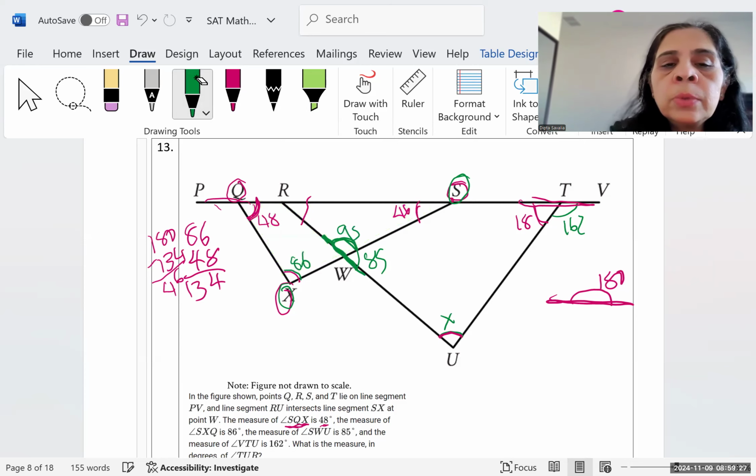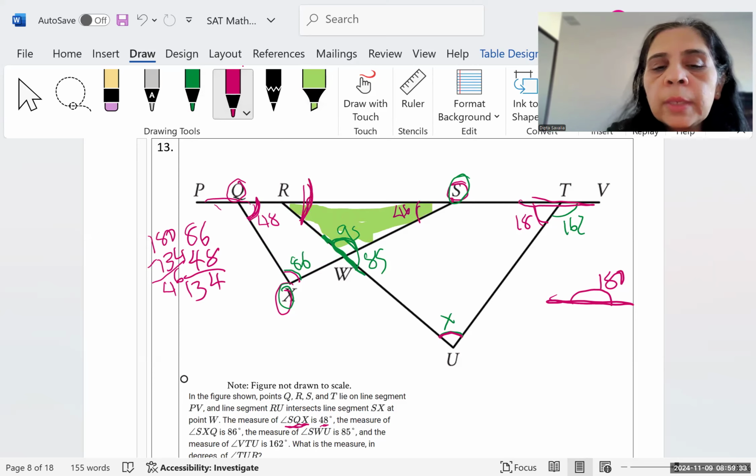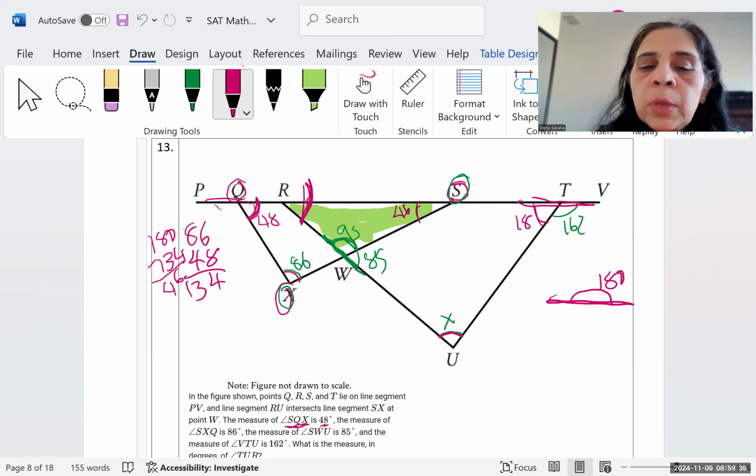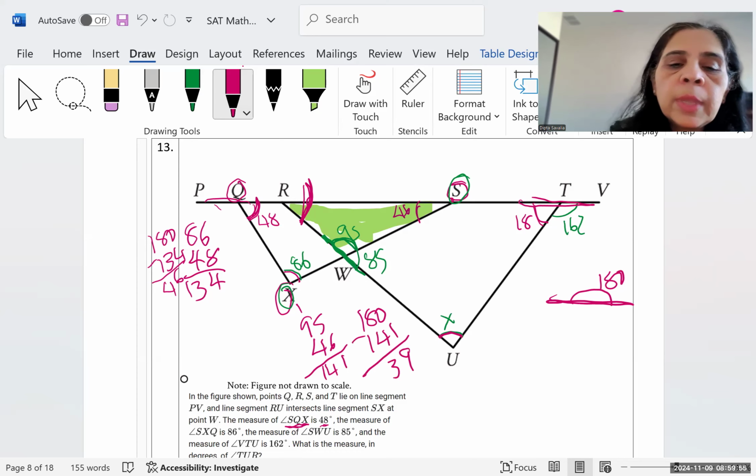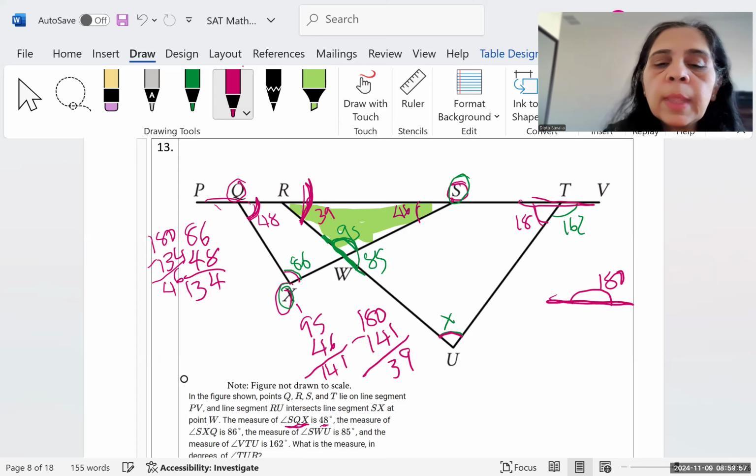Now we can use the middle triangle right here. My goal was to find this angle, right? So we do 95 plus 46, which is 141. Then we subtract from 180, so that's 39. So that angle is 39.